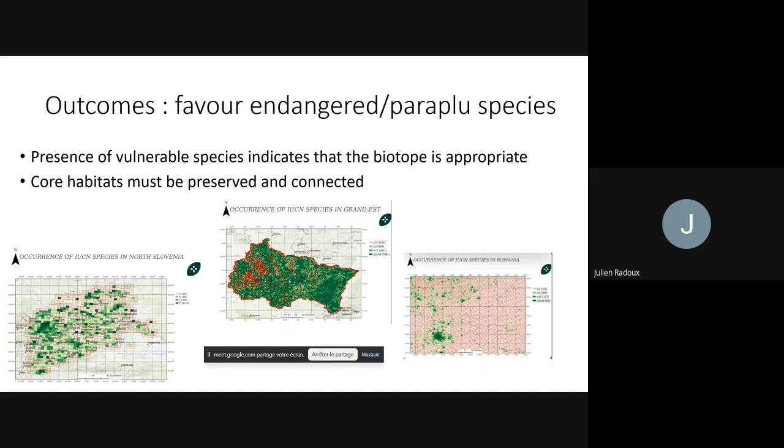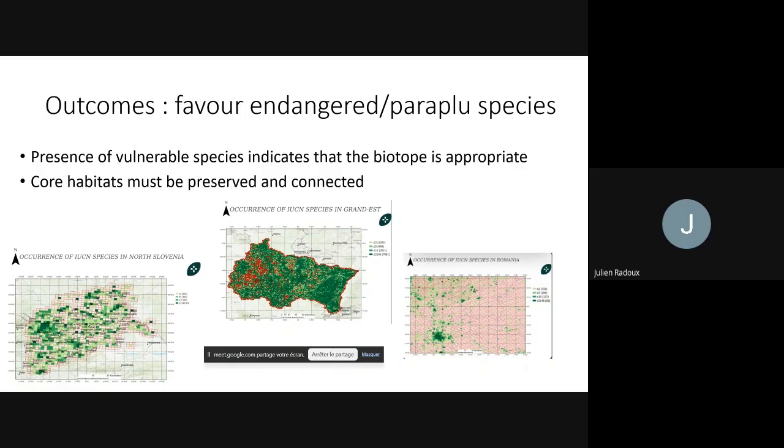But you see that in Romania, there is very sparse information. So one thing that could be needed in those places is to do some inventory and to check if there is nothing missing, because it would be a pity to have some red list species that are not recorded, and so we manage the area as if the outcomes were not there.